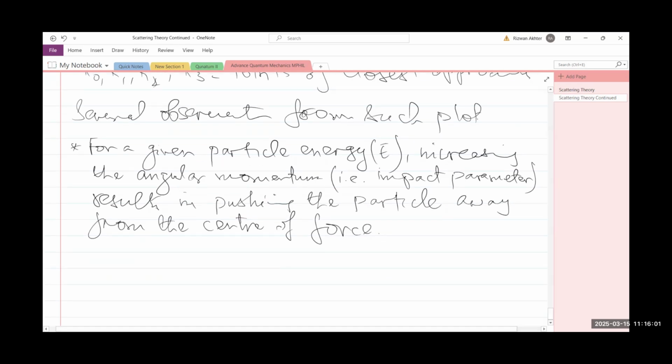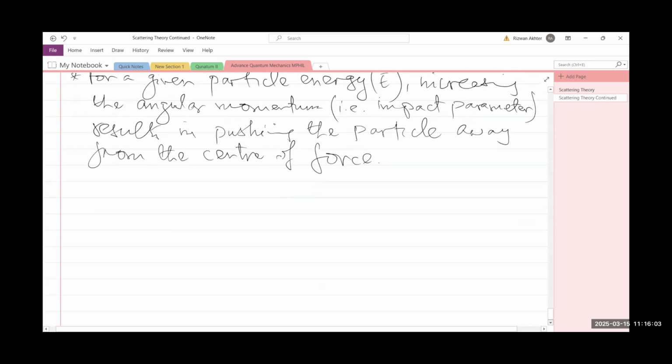Now, what do you mean by extreme cases or the middle cases? The extreme case would be a particle with zero angular momentum, meaning that you are decreasing the impact parameter such that the incoming particle would see the full interacting potential.